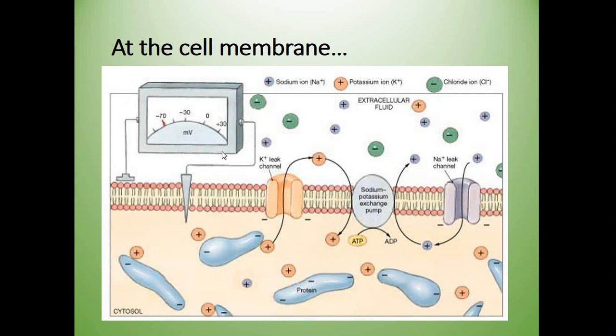And this is another animated picture showing the condition at the cell membrane. Having a meter and measuring the potential across the cell, we find that it is about -70 millivolts. This is -70 because we are measuring it from inside to the outside of a cell.